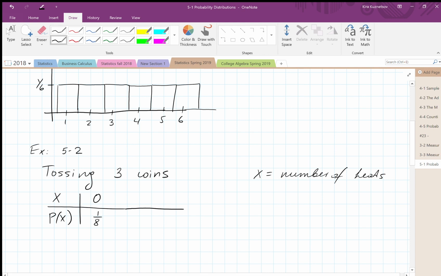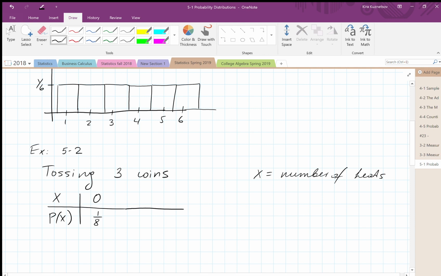Now, in order for you to figure out this probability, this is where you draw a tree diagram and use material learned in chapter 4. Sometimes we will use some of this stuff in chapter 4. Other times it's a little bit easier, so you don't need to go into the details of chapter 4. But the reason why we did chapter 4 in the beginning of the semester is so some of the probabilities that we're writing down in later chapters actually make sense.